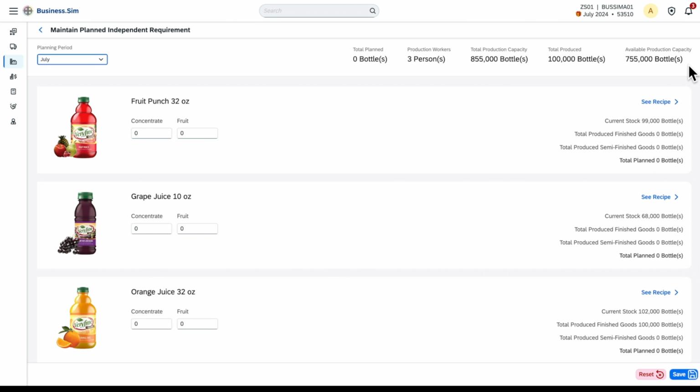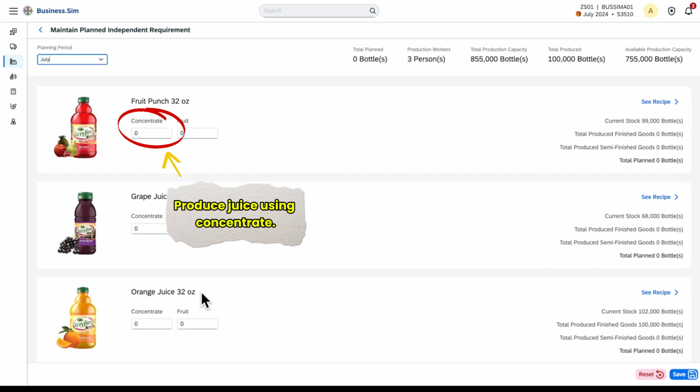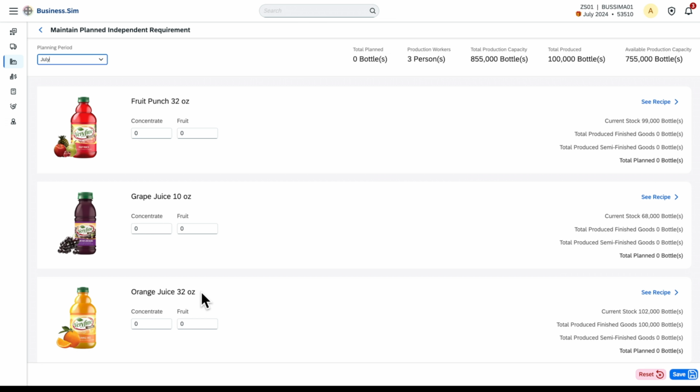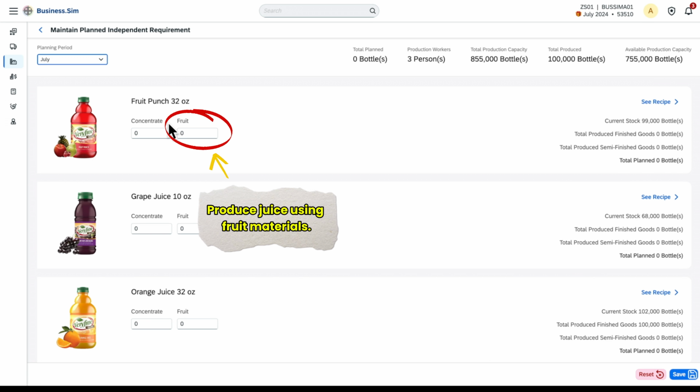There are three types of juice that you can produce: fruit punch, orange, and grape. For each type of juice, there is a feature where you can produce juice using concentrate, which can be purchased or produced, and you can also produce juice using fruit.